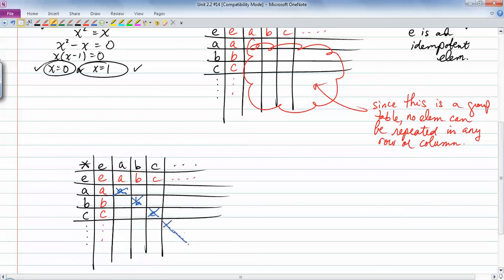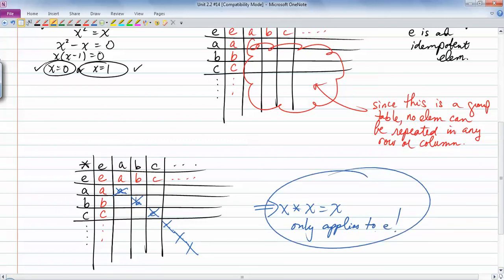You're not allowed to be any of the repeated elements in there. So from this, you can conclude x star x equals x only applies to E in a group. Okay, hope that helps.